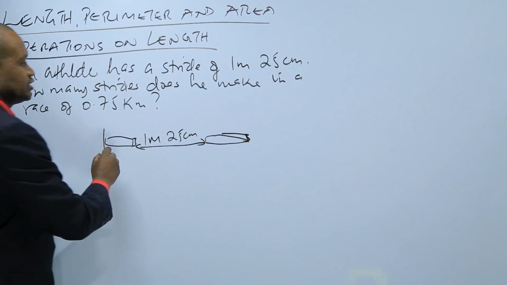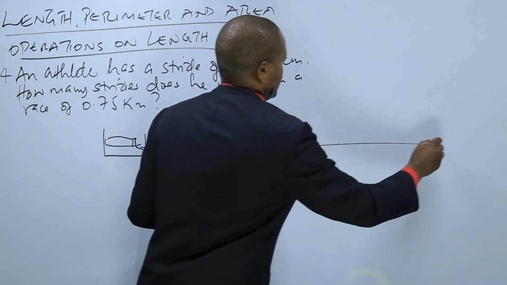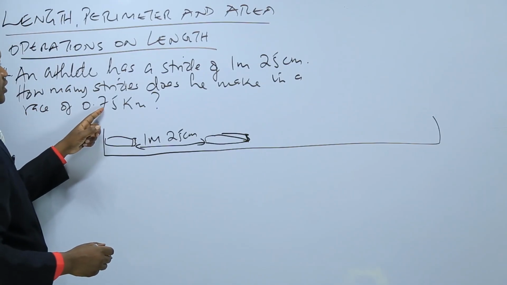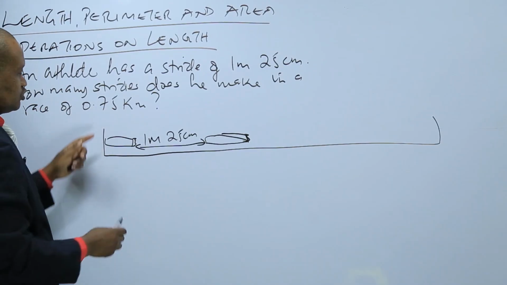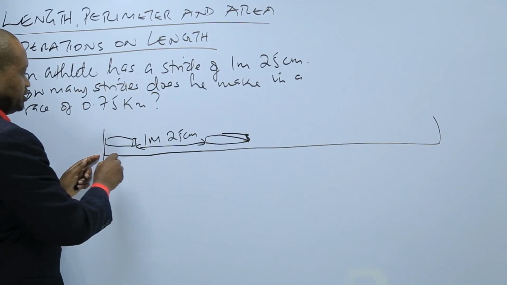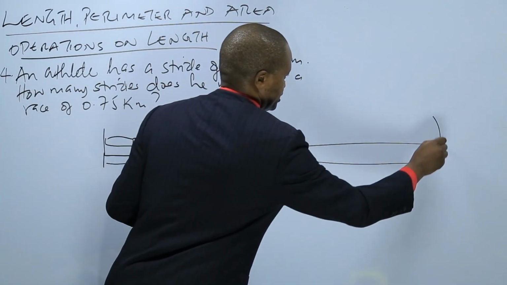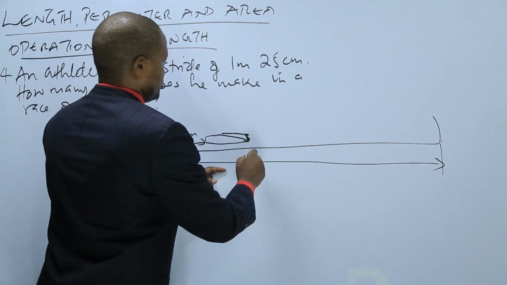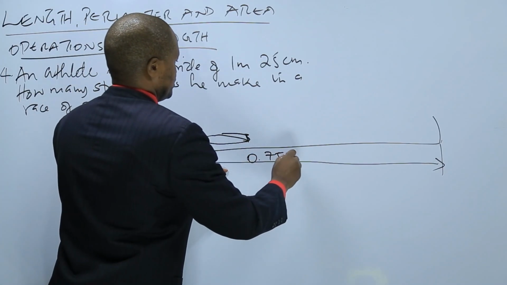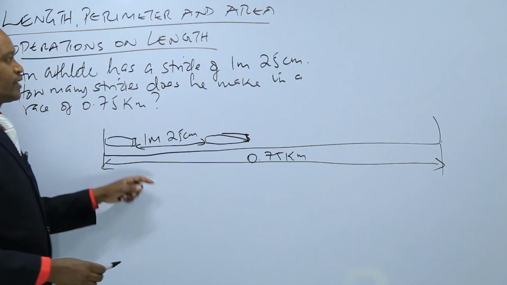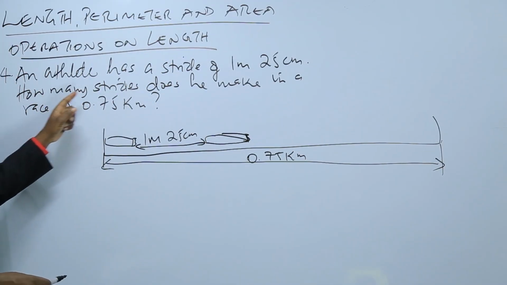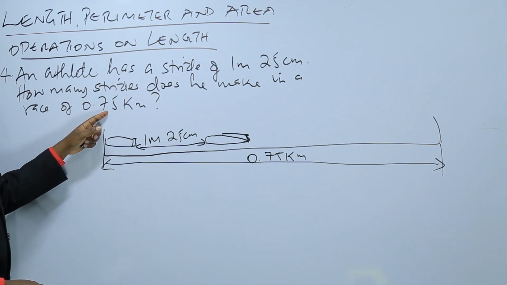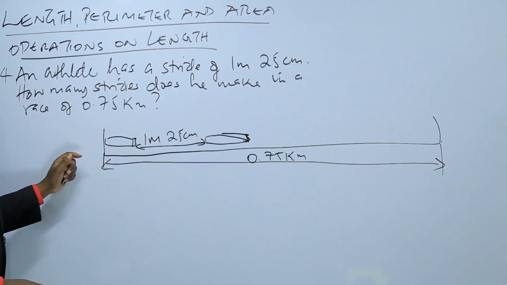Now, in a race of 0.75 kilometers, assuming from this point to this point is the whole race, the race here is 0.75 kilometers. So the question is, how many strides does he make in a race of 0.75 kilometers?